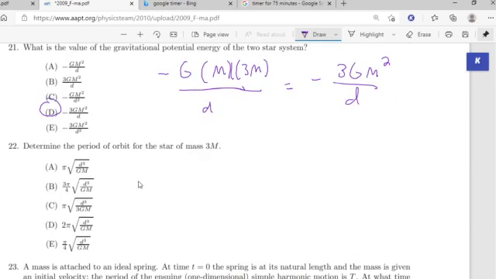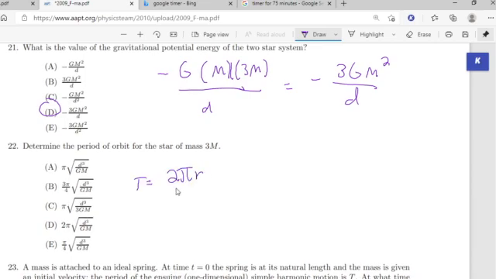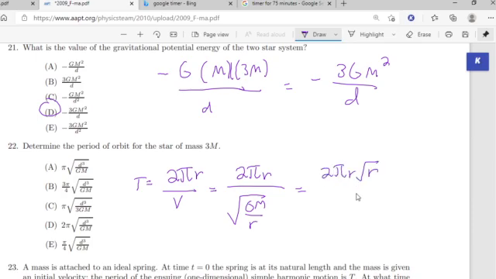Okay, so period is just 2 pi r over v, which is just 2 pi r over root GM over r. Which is just 2 pi r root r over root GM.